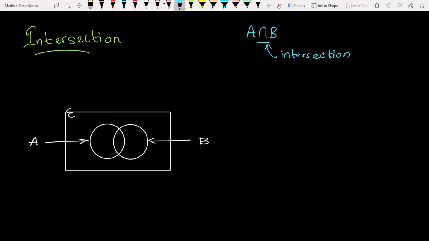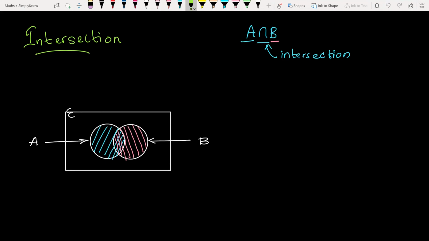Now, let me shade A first of all. This is everything in A. And then I'm going to shade everything in B, but I'm going to change the direction of my lines. I'm going to shade like this. So everything in B now.